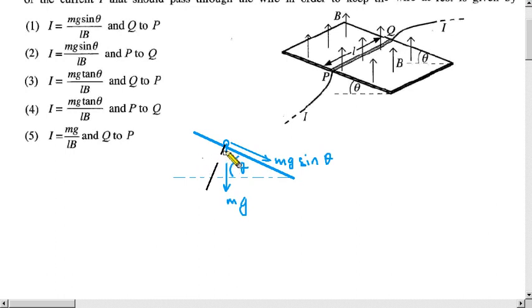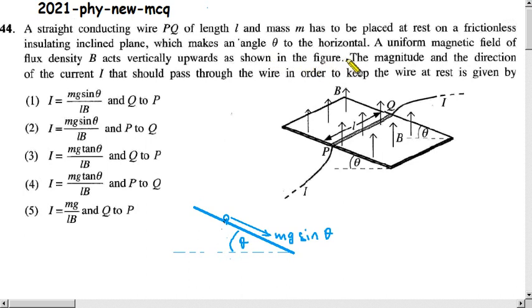You must remember that the component of the force of gravity along the plane, along the surface, is mg sin theta. What they want is to keep this without moving down.